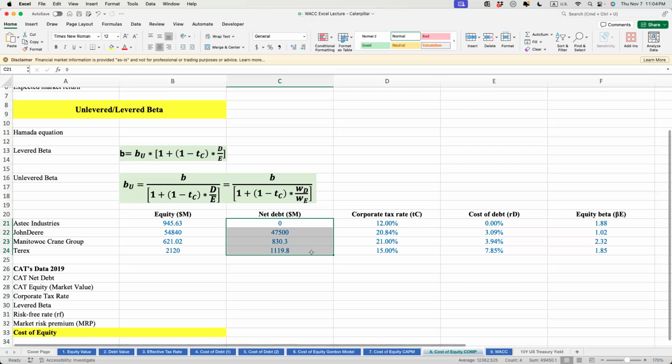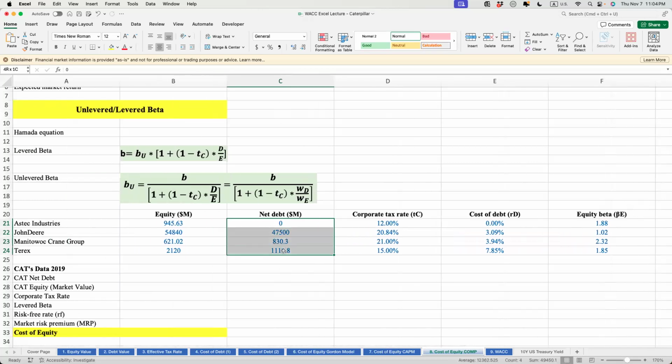So when we try to estimate the beta using our competitors' information, the first step we need to do is recalculate the beta by taking out the actual risk that the companies added to themselves when they used debt. Different companies use different debt, meaning they impose different risk on their shareholders.